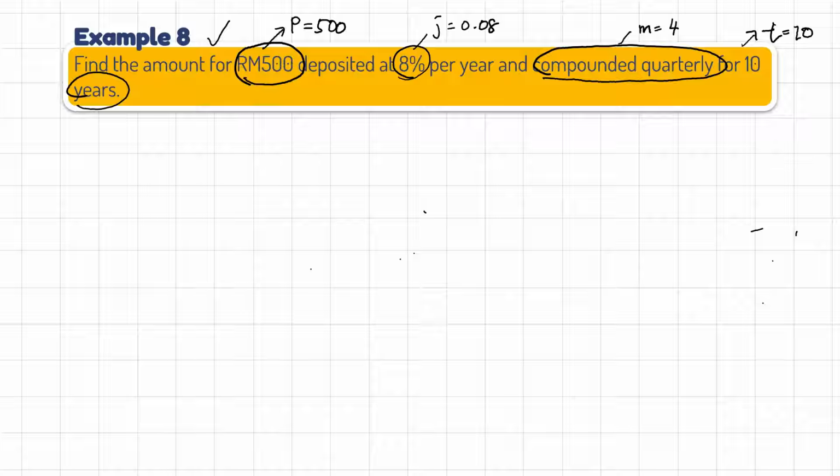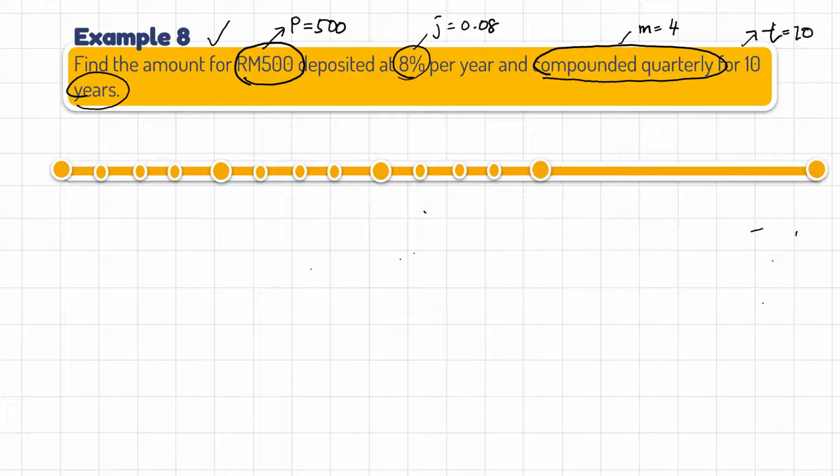Next, let's look at the timeline for this example. Here we have 0, and then we have 1 year, 2 years, 3 years. To make it simple, the last one is the 10th year. Okay, let's write the information on the timeline.